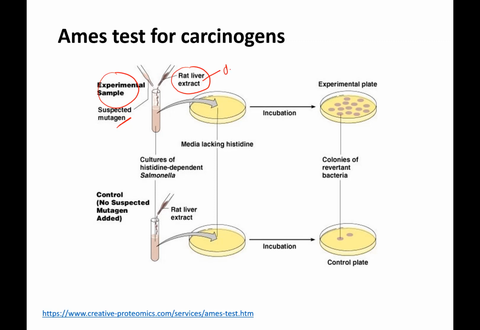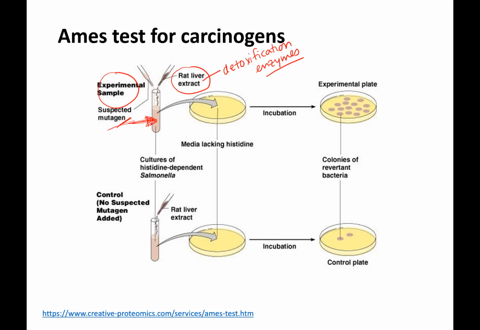Basically, you are adding the detoxification enzymes. Because what you want to know is, as this compound goes through our body and is acted on by the cytochrome P-450 and other detoxification enzymes, does it get marked so that it will not be carcinogenic, or could it actually be more toxic?